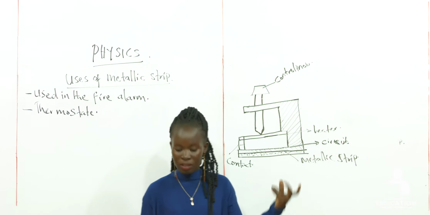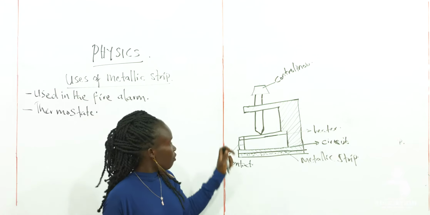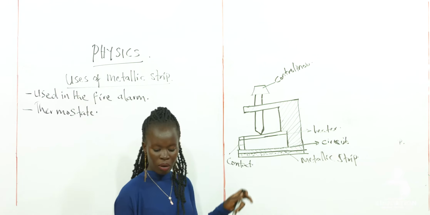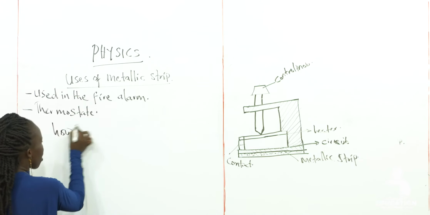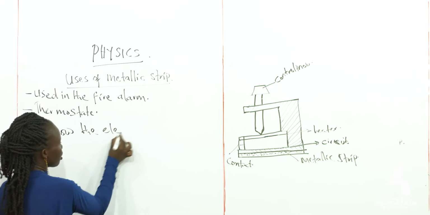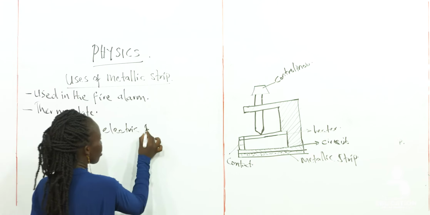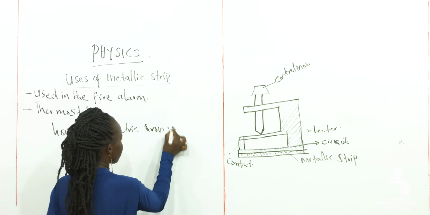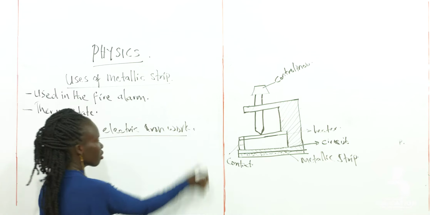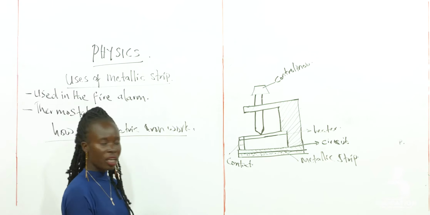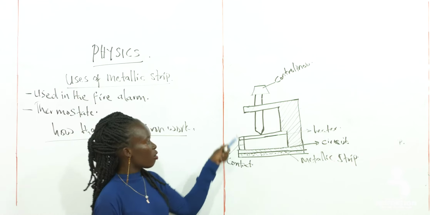So what happens is that if we want to use this under the iron box, how will the electric iron work? For this working of the electric iron, you need the whole of this.